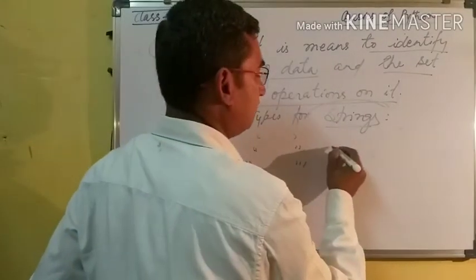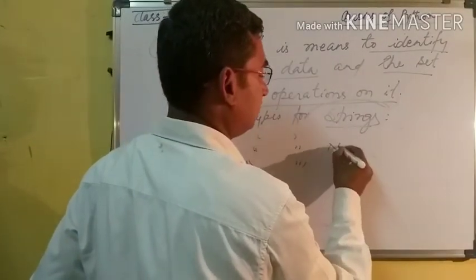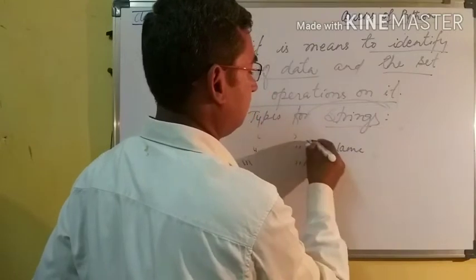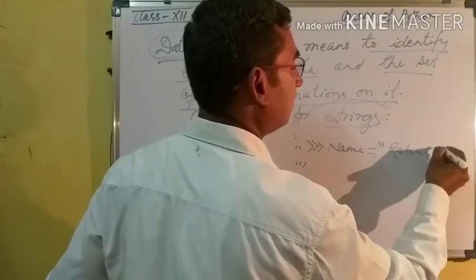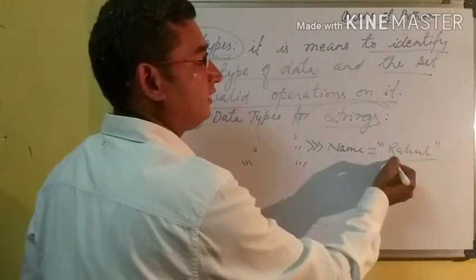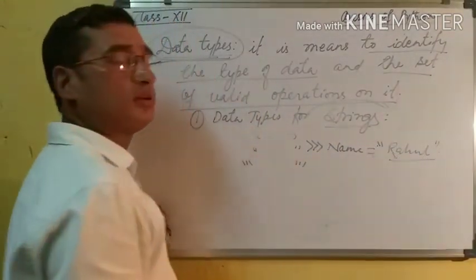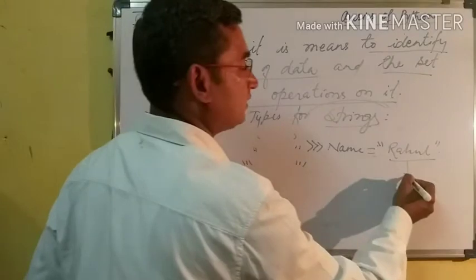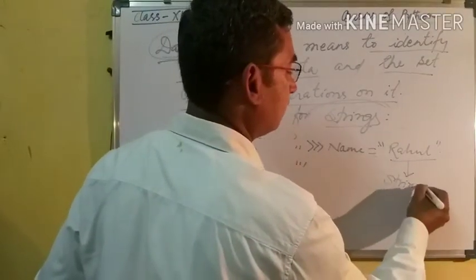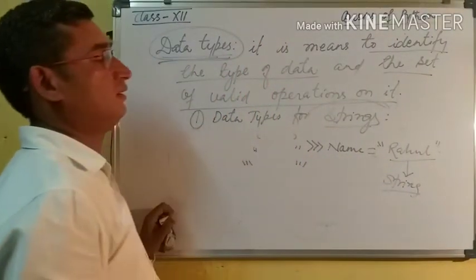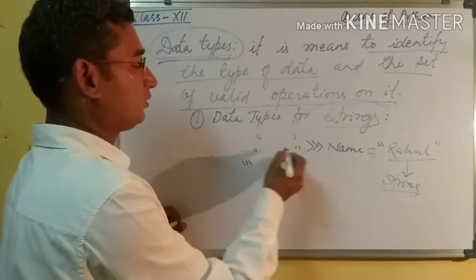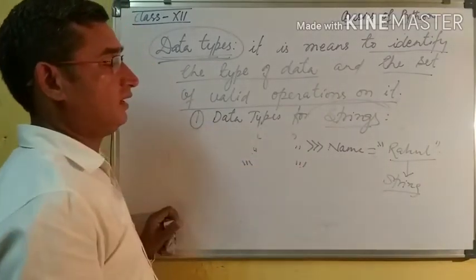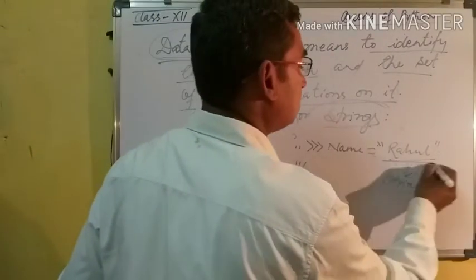Suppose this is a variable, anything enclosed into double quote, single quote, or triple quote is known as a string. It can be written in single quote, double quote, or triple quote, and it can be accessed using its index.